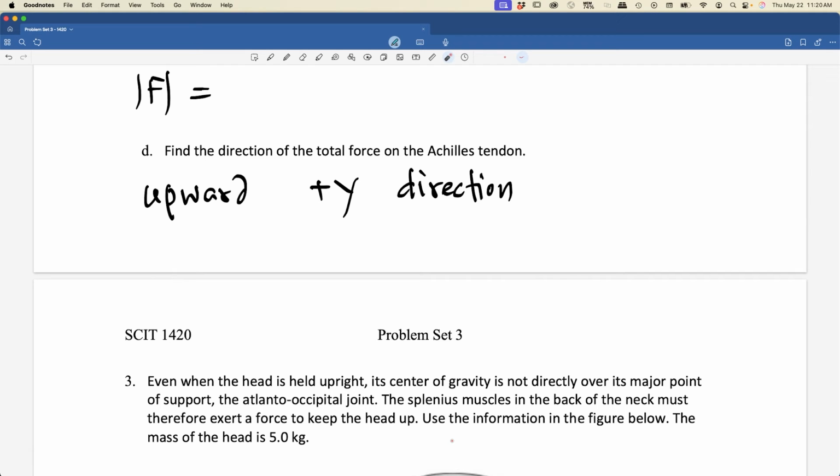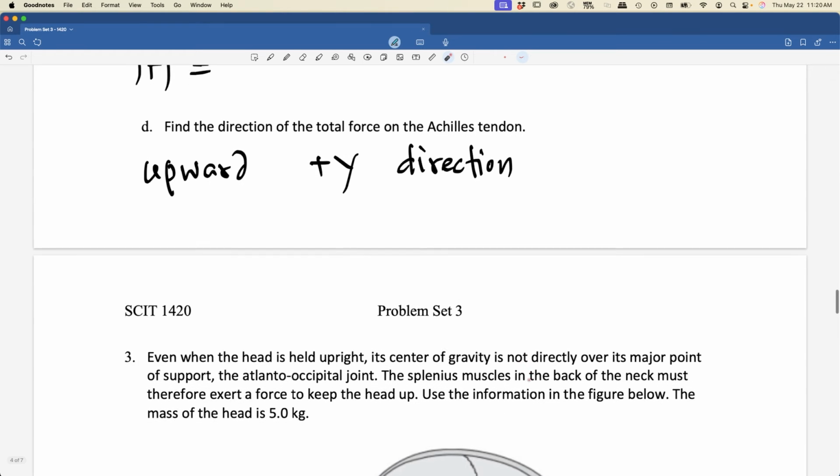You know, when you feel tired, when you feel sleepy, the first thing that happens is the head tends to move forward to the side. It's very difficult to hold your head upright when you're tired.